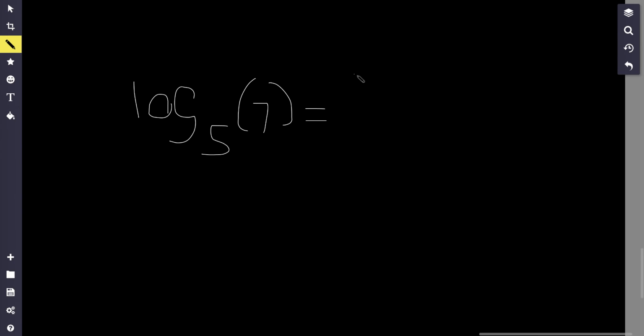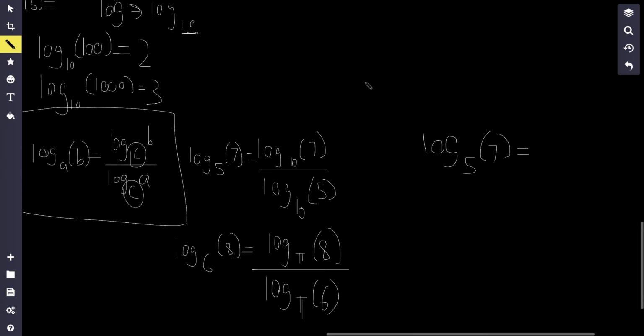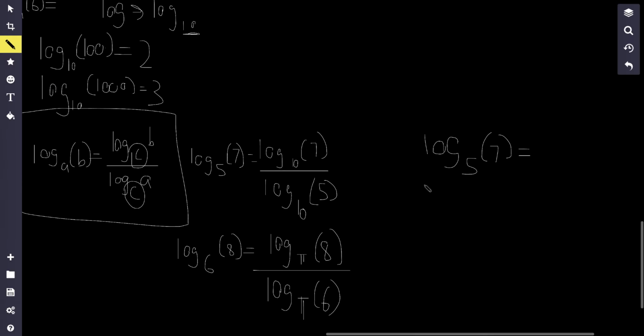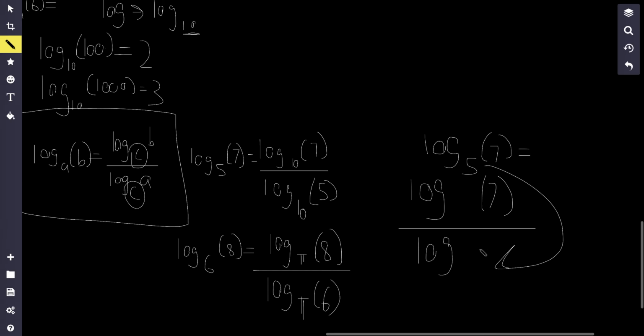Well, remember, the thing inside the parentheses always goes on the top, and our base always goes on the bottom. And you can use any base you want, so I'm just going to use base 10 because that's what my calculator has. Now I've rewritten my original expression in terms of base 10, and now I can use the calculator to solve it.